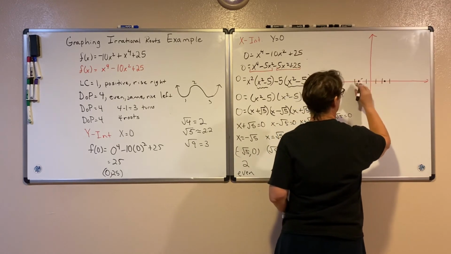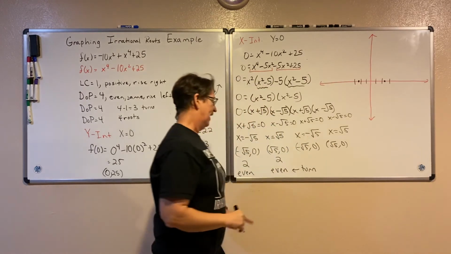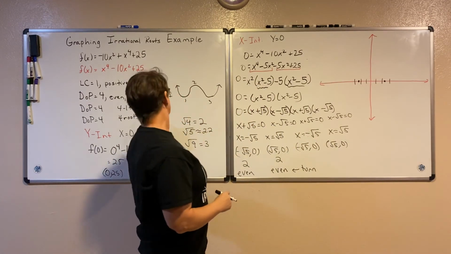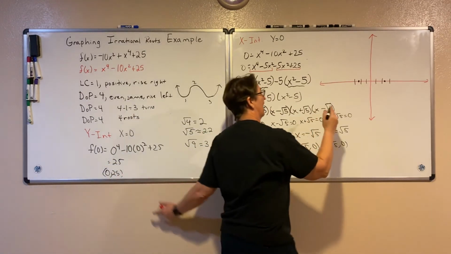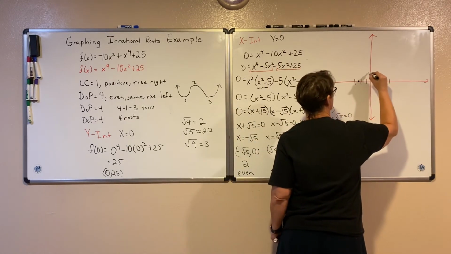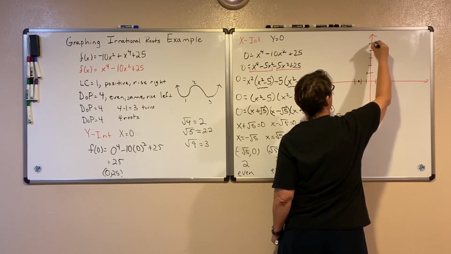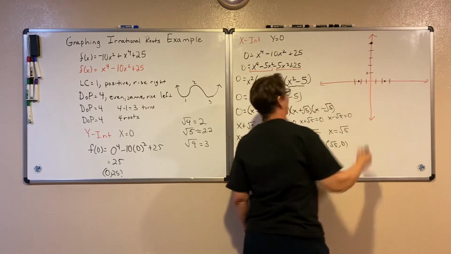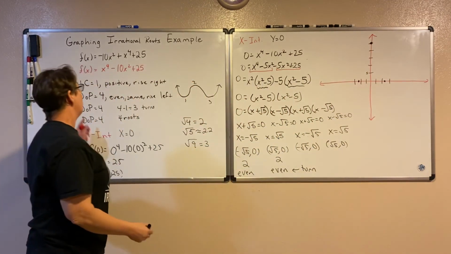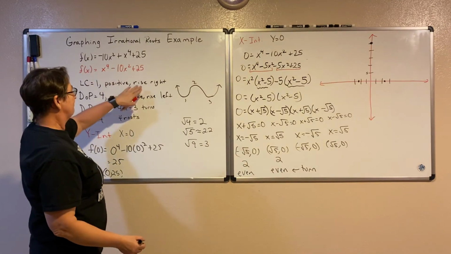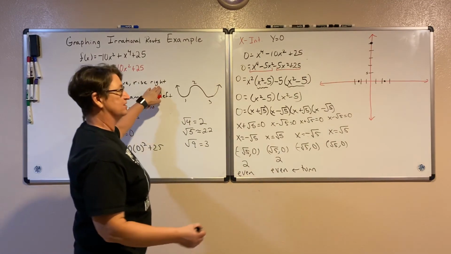So there are my x-intercepts. My y-intercept is at 0, 25. Maybe I should count by 5s. 5, 10, 15, 20, 25. So 0, 25.